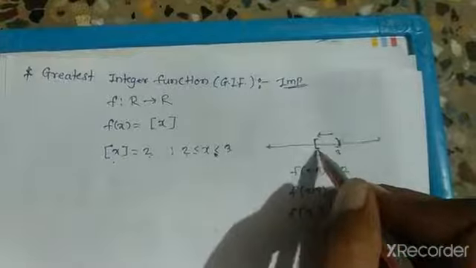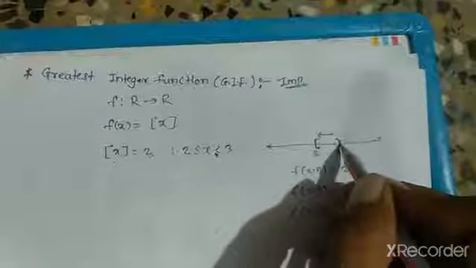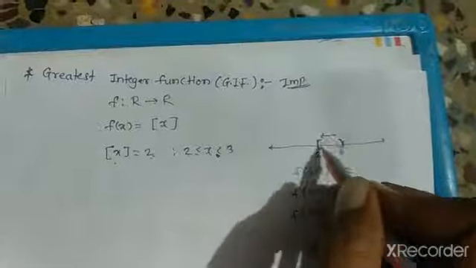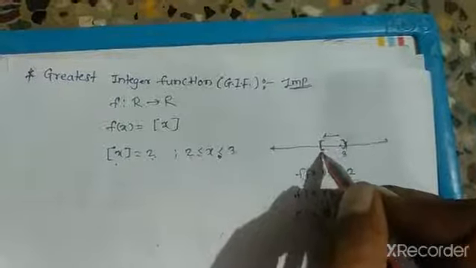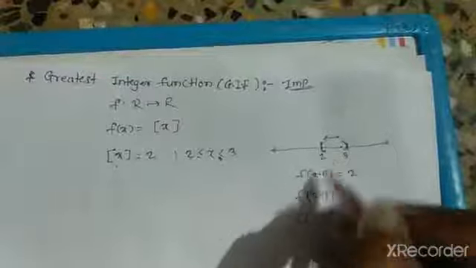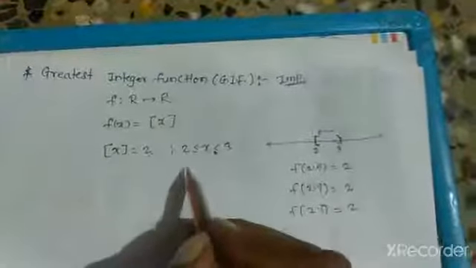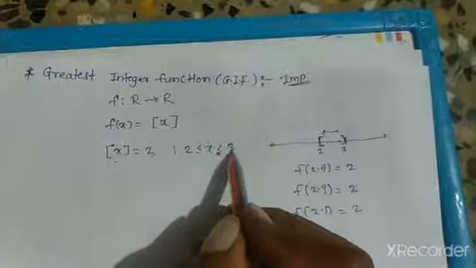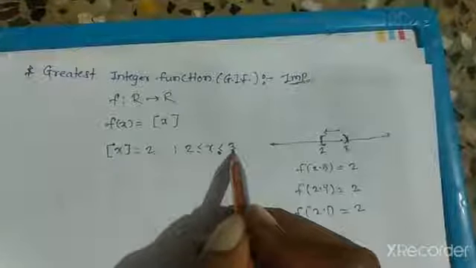So if we have a value in between 2 and 3, the integer on its left side is 2. Okay, great. So here 2 will be the value for 2 less than or equal to x less than 3.